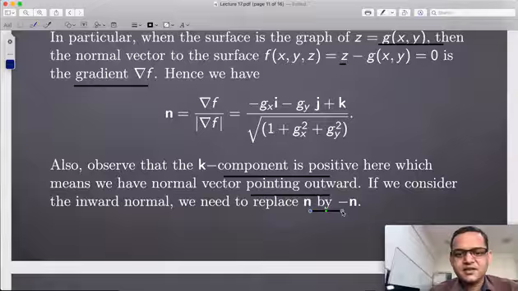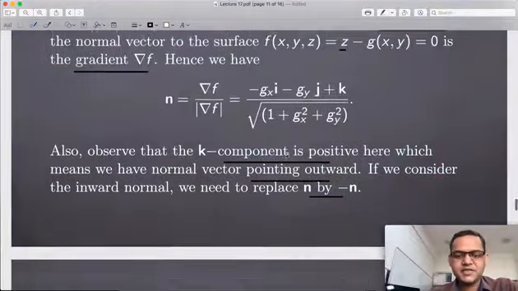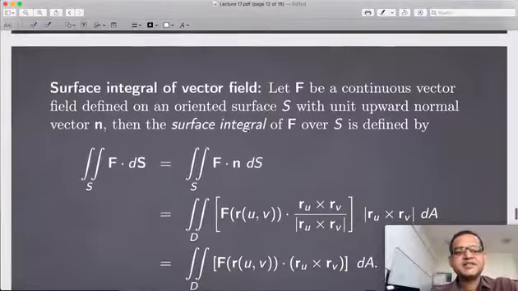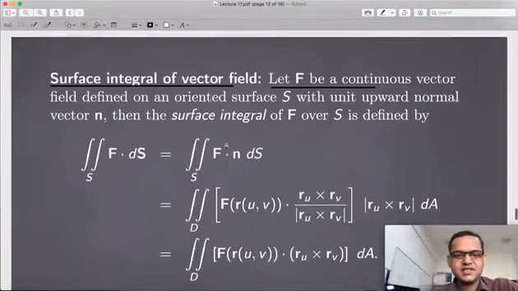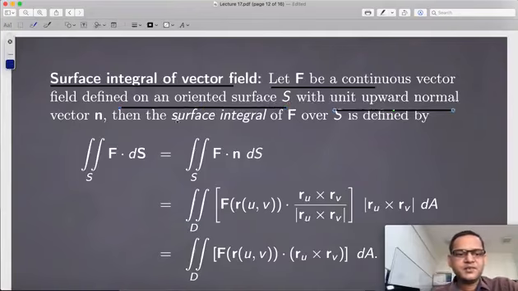Now that we have this notion, we can define the surface integral of vector fields over given surfaces. As always, you start with a vector field which is continuous, that means all the component functions are continuous, and it is defined on an oriented surface S with unit outward normal n.